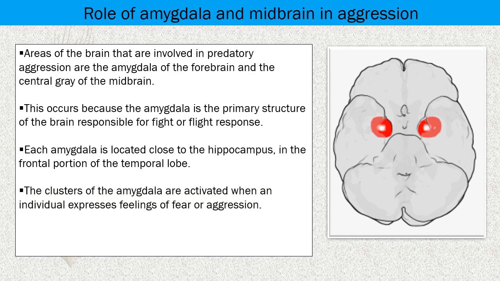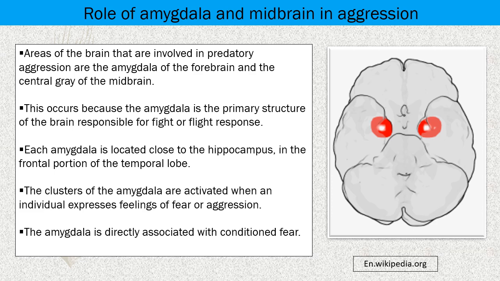Each amygdala is located close to the hippocampus in the frontal portion of the temporal lobe. The clusters of the amygdala are activated when an individual expresses feelings of fear or aggression. The amygdala is directly associated with conditioned fear.